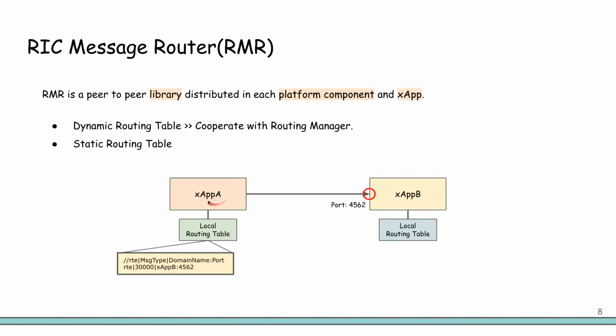So the xApp can know, if I want to transmit a message with this message type, 30000, how can I communicate? I will use the xApp domain name and its port, so I can correctly send directly to the xApp.